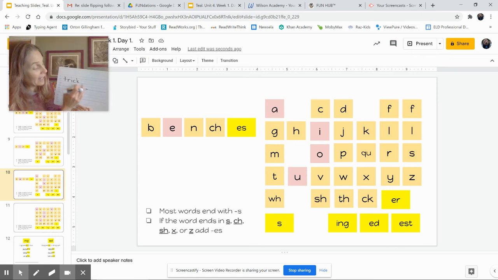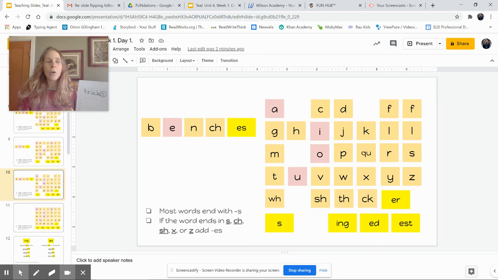And tricks ends with CK, so I'm going to add an S. Tricks. So I write my base word first, and then I add my suffix. For my marking, I'm going to underline my base word and circle my suffix. Tricks. Excellent. Let's take a look at another one.